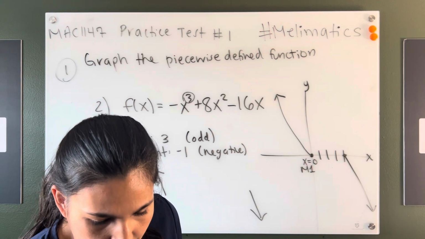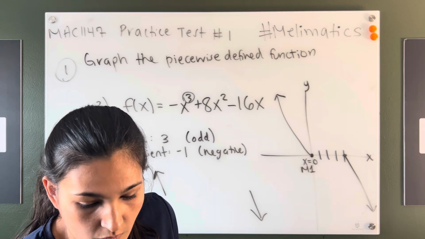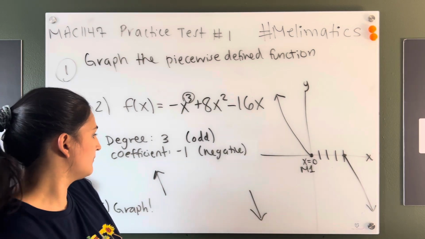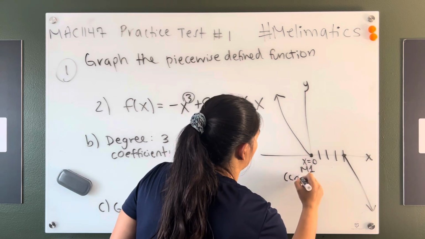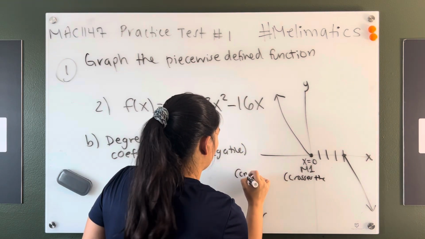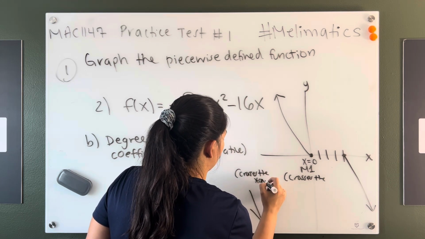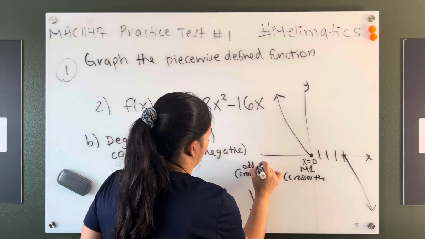All right, so it says that if you have a 0 with an odd multiplicity, then the graph crosses the x-axis. Crosses the x-axis when it's an odd multiplicity.